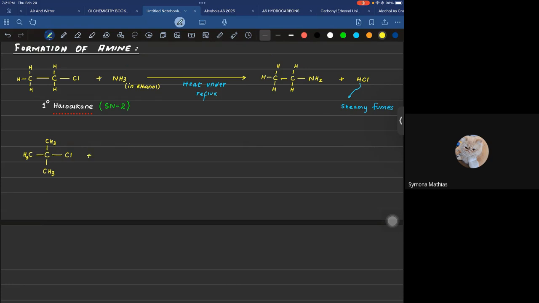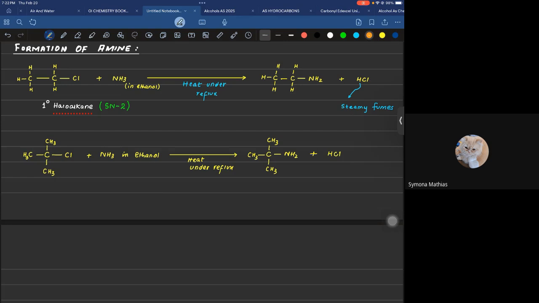Same reaction: ammonia in ethanol, and again I am providing the same condition, heat under reflux. You will see CH3, CH3 and then NH2, and again HCl will be produced.